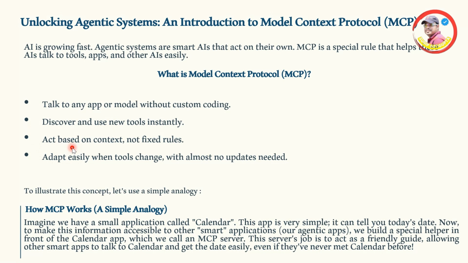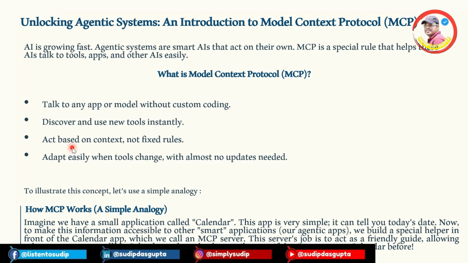So that is the context it has. Now it will go on and search for the best options. Maybe it will book an air ticket, maybe a rail ticket, maybe it can even book a bus ticket, a Volvo bus ticket even. So that's the context it has, and it does not follow a fixed rule. Based on the context you have given, it can act on its own. So that is the autonomy of an agent.